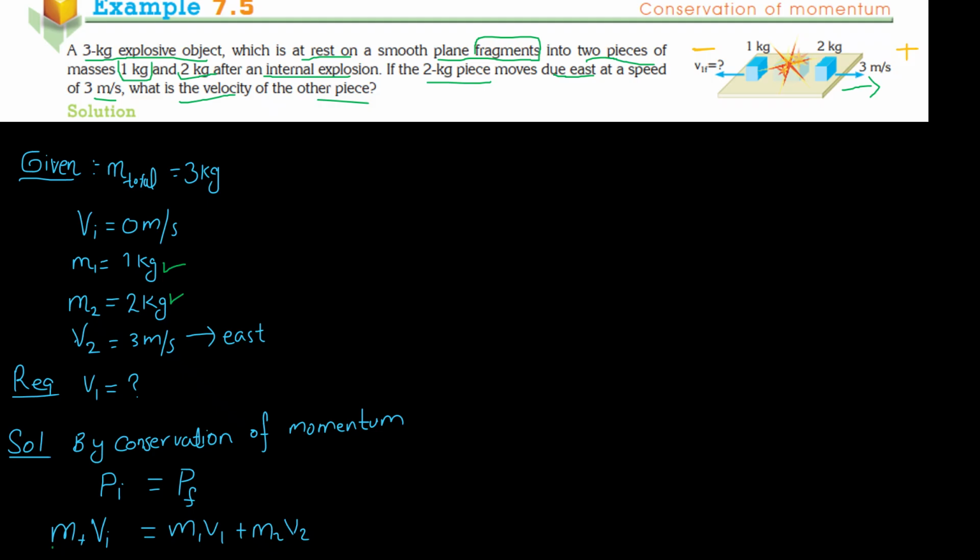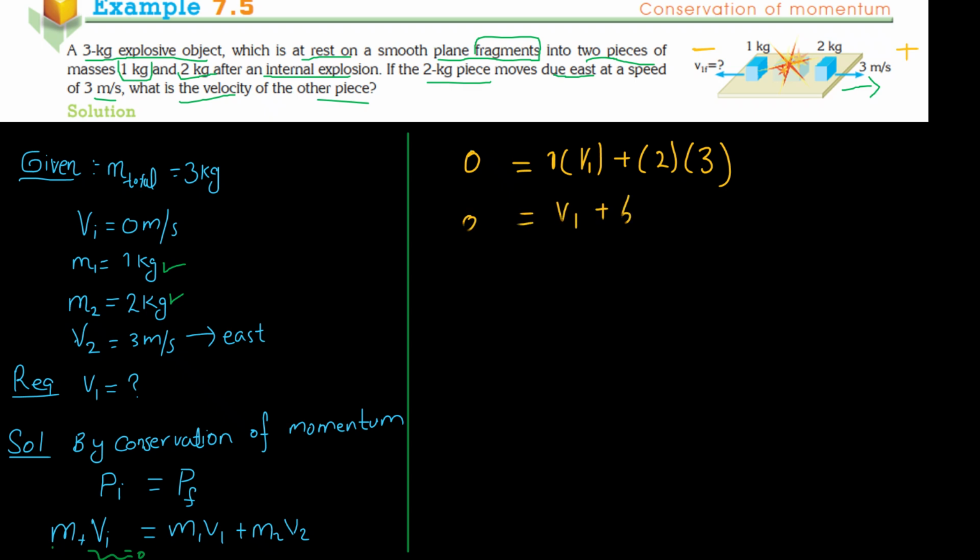So as the initial momentum is 0, the final momentum must be equal to 0. By using this, we can write the values. We know all other values except v1.